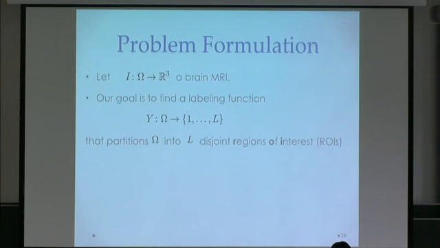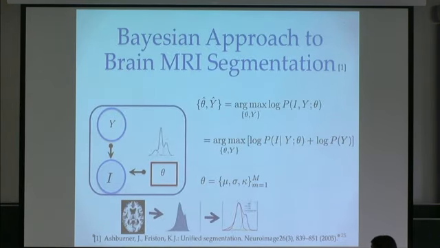And again, we can solve it using the Bayesian approach, where we have the image intensities. These are the observed variable, and we would like to find the segmentation. I slightly changed the notation, so I used gamma there and y here. And we can again model the intensity distribution by a mixture of Gaussians.